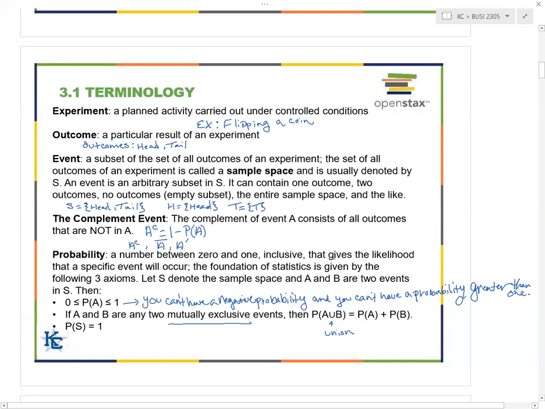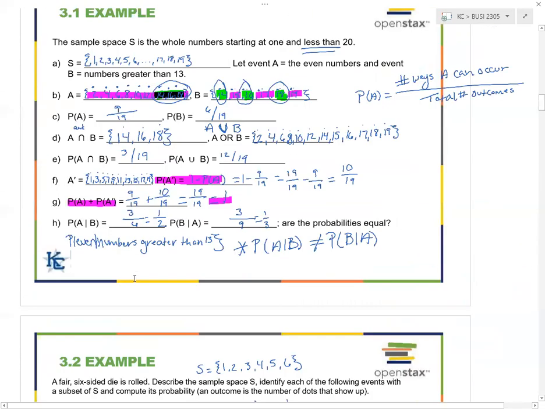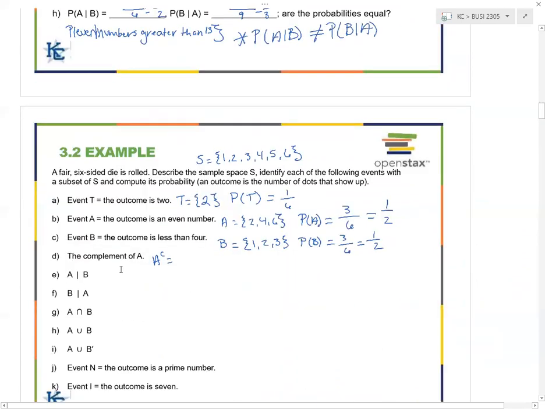Those are how you usually see A complement. I prefer the A to the C to represent A complement, but you could see it any of these 3 ways in the future. Okay, so now back to this A complement.